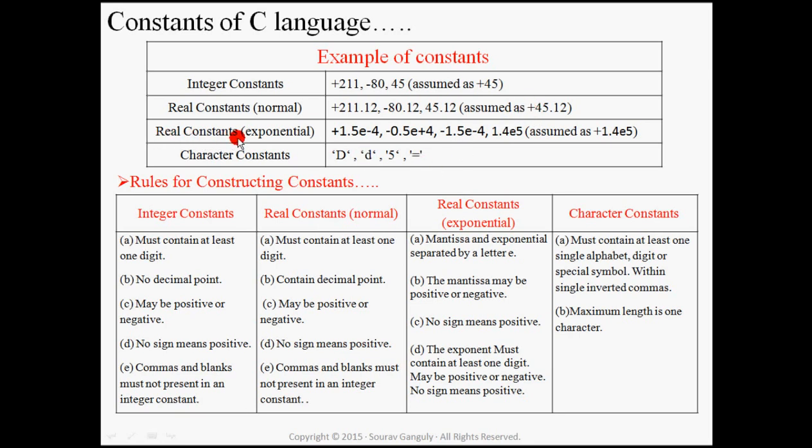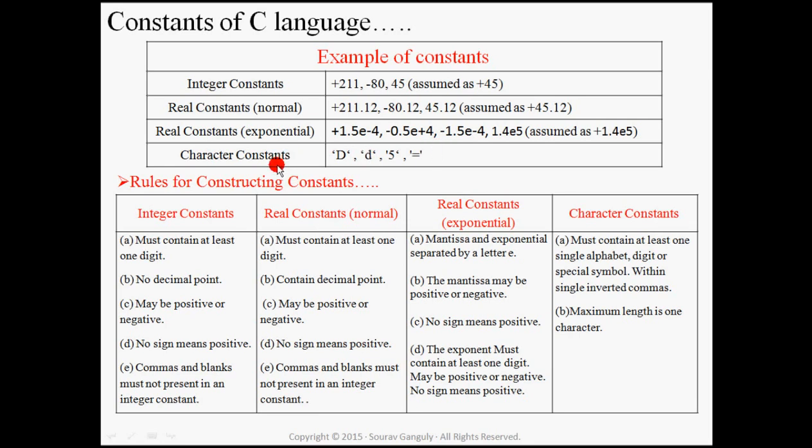In the next case, when we express the real constant in exponential form, then an e will be present here. That means minus 0.5e plus 4 is a real constant of the exponential type. If no sign is present, then we assume that it is plus.